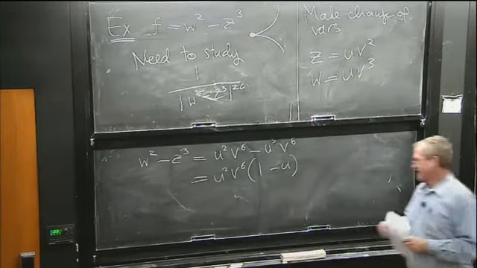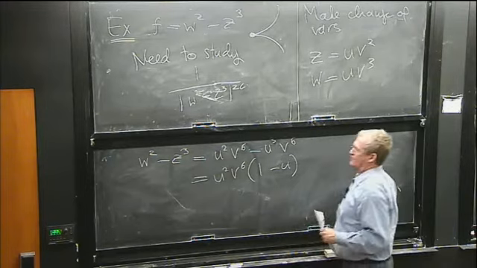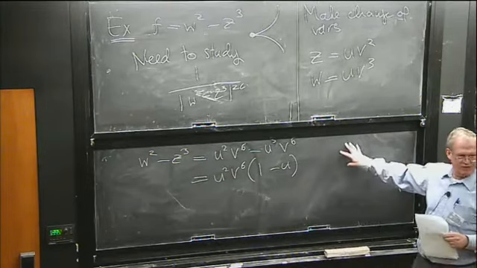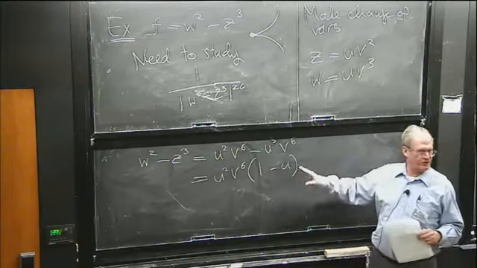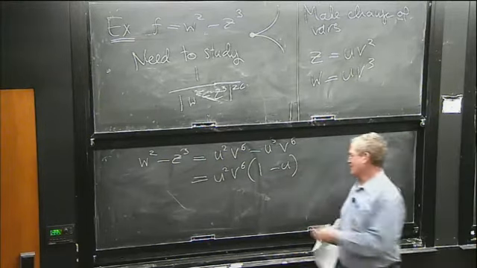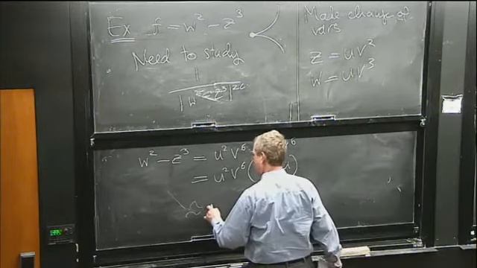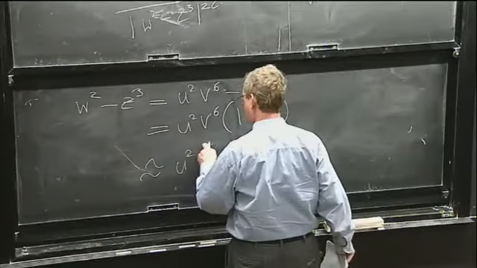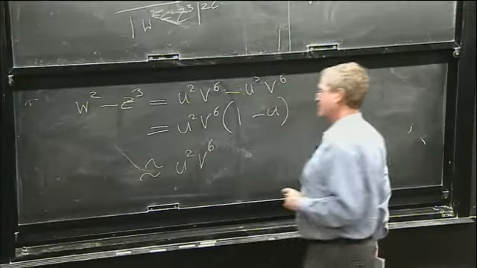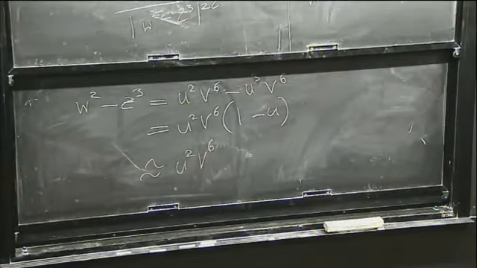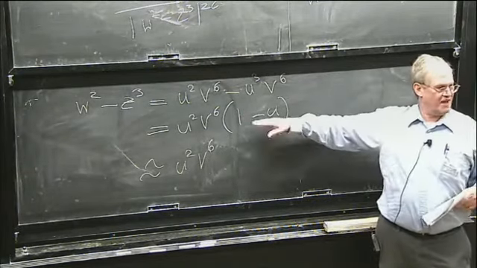Now we're interested in the question of when the reciprocal of this thing is integrable. 1 minus u doesn't vanish at the origin, so we're going to ignore the 1 minus u. The important thing is that this basically just looks like u squared v to the 6. So at least after ignoring this factor that doesn't vanish at the origin, we've made everything monomial.